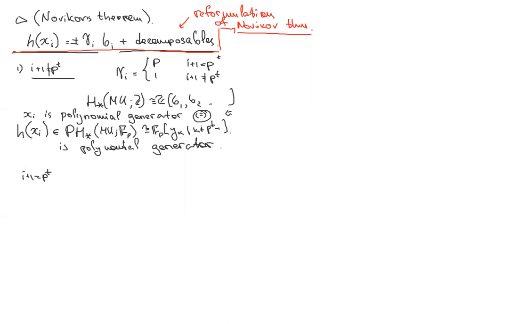Therefore, from here it follows: for this case, there are no polynomial generators in P star of mu of P.